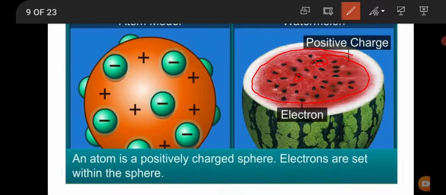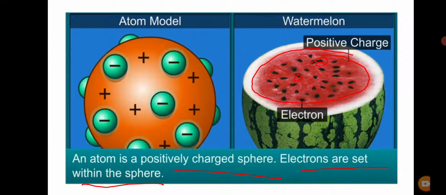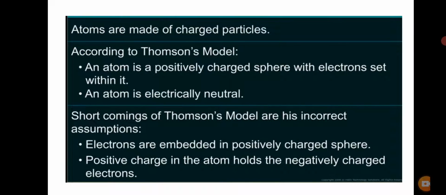Just in the same way as seeds are embedded inside the red part of the watermelon, similarly according to Thomson, the electrons are embedded inside the positively charged sphere of the atom. So an atom is a positively charged sphere and electrons are set within the sphere. So this was the Thomson model.